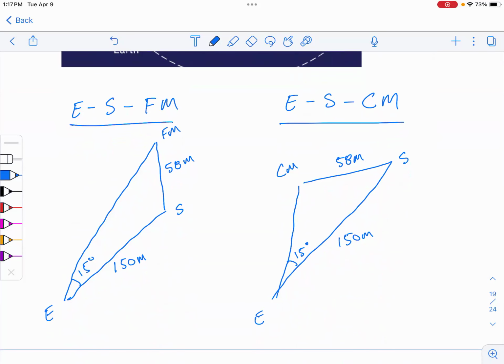The point is these both can't be valid. When you do this calculation, we'll realize that this one doesn't work. To save us the time of going through it, you'd realize the angles don't work, and we have to use the Earth, Sun, far Mercury.